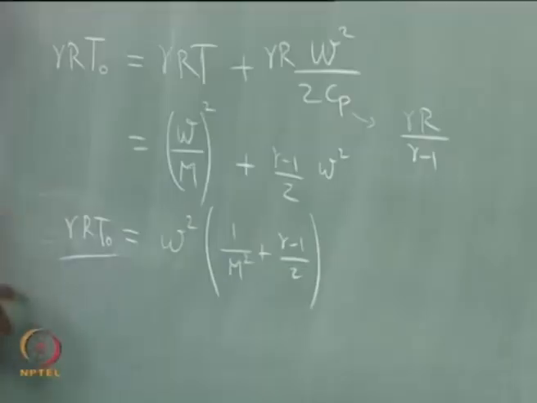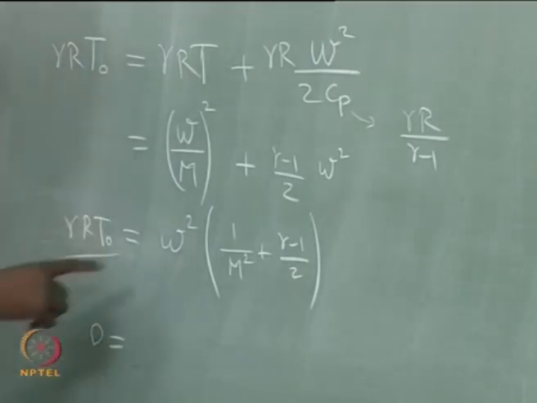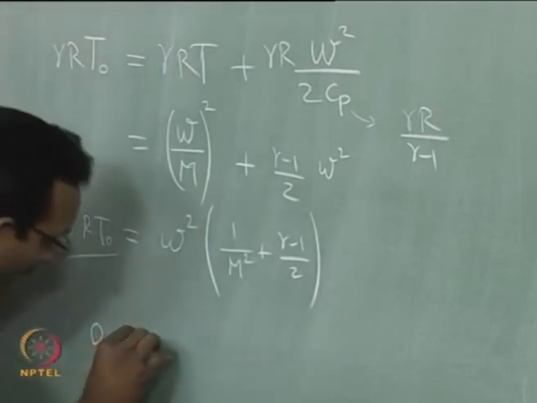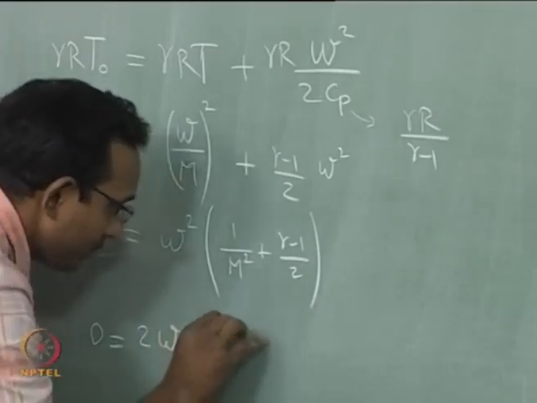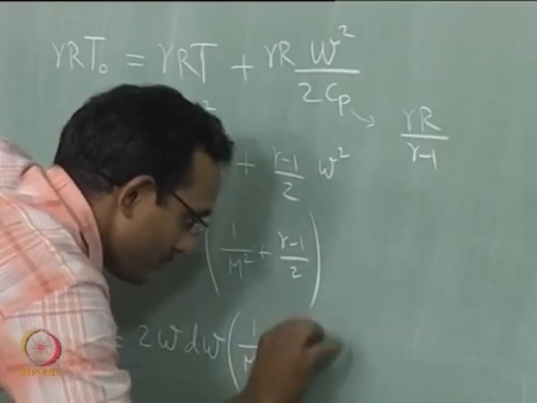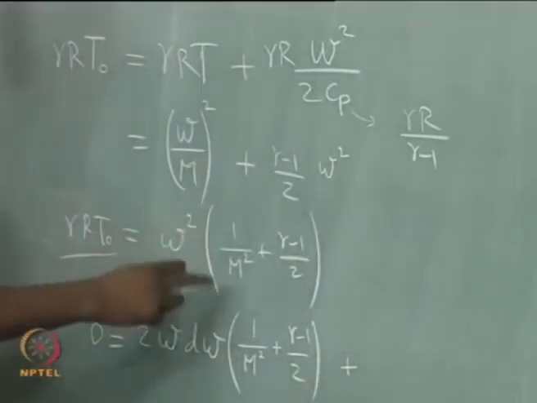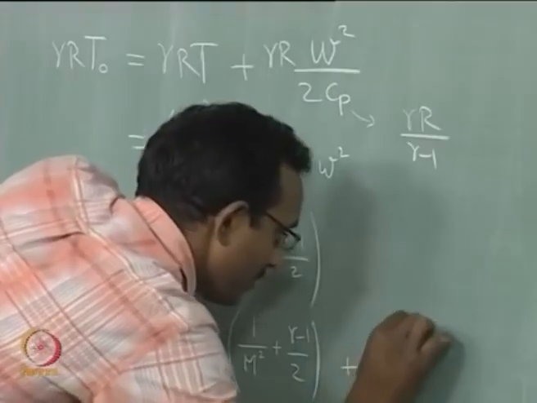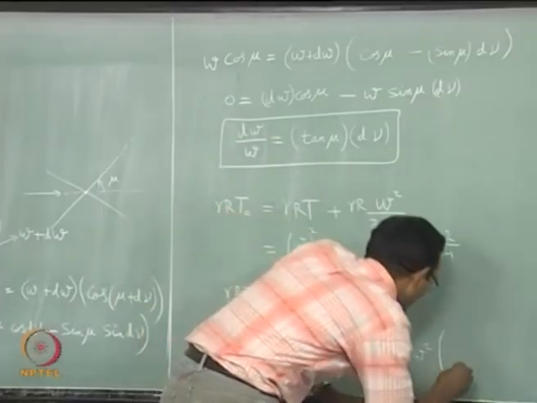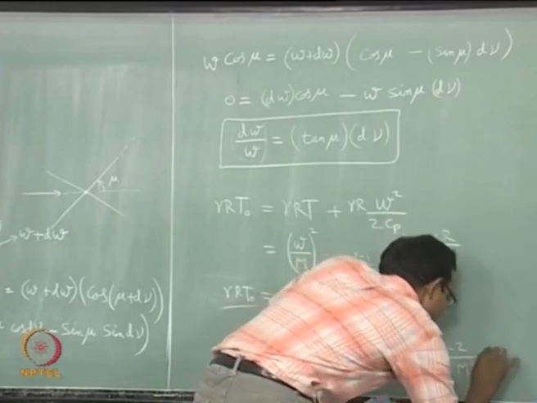So when I differentiate this side of this equation, this is going to be 0, okay. So it is going to be 0 equal to, when I differentiate this term, I will keep this bracket constant, okay. So that is going to be 2w dw times this whole bracket 1 by m square plus gamma minus 1 by 2, plus differentiation of this term multiplied by w square into 1 by m square differentiation, m power minus 2 will be minus 2 m power minus 3. So, it will be minus 2 by m power 3 dm.